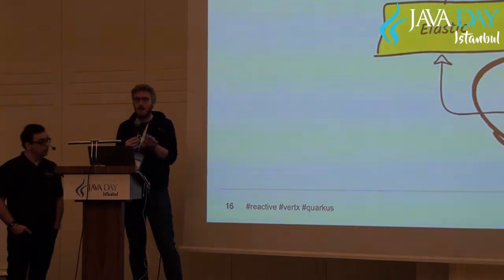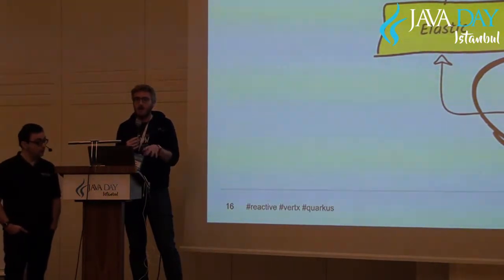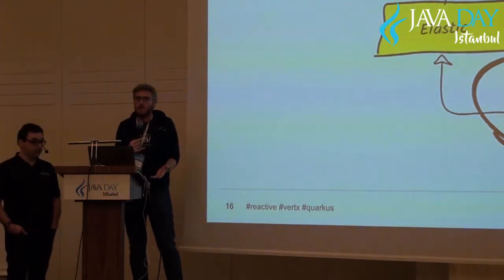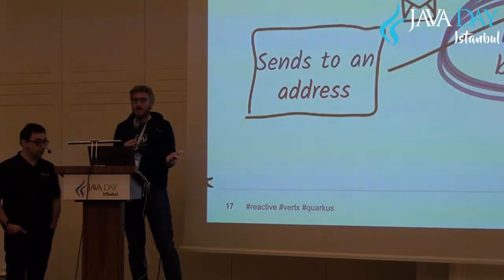And all these are, in essence, enabled by the message-driven architecture that we'll use in our application. Well, they've written message-driven, but what they really wanted to say is asynchronous message passing. So what's that?